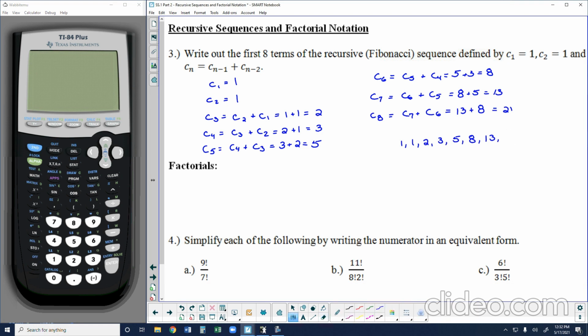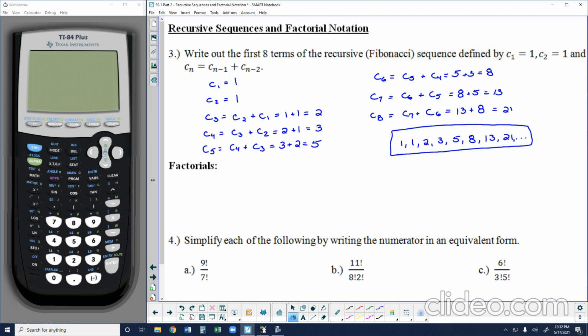And then we can continue. This set here would be the first 8 terms of our sequence, and you could go on and find more if you would like to. So recursive formulas give us new terms based on previous terms.